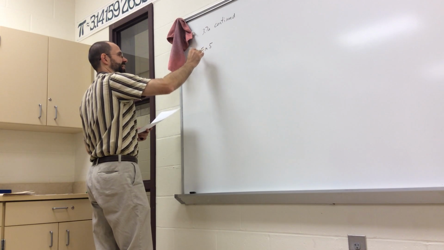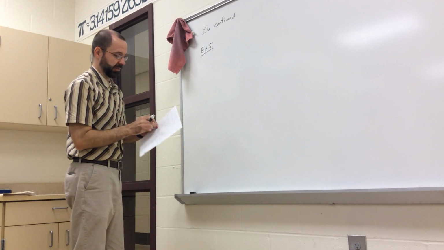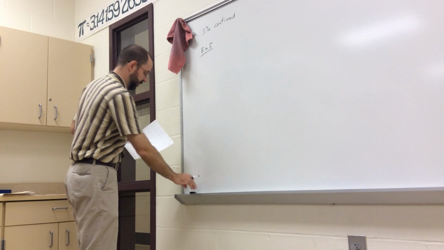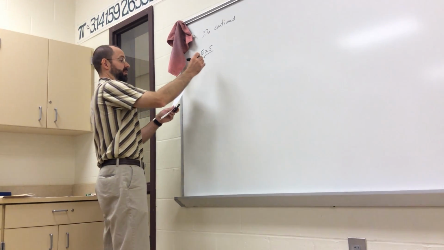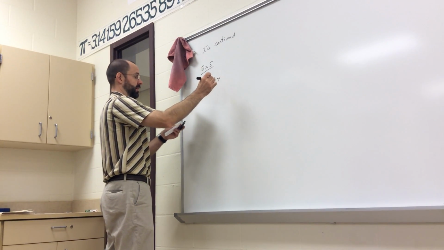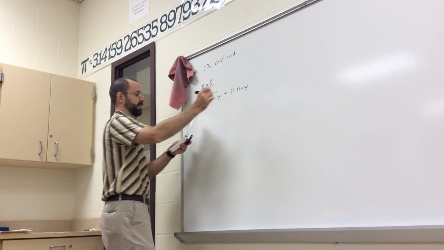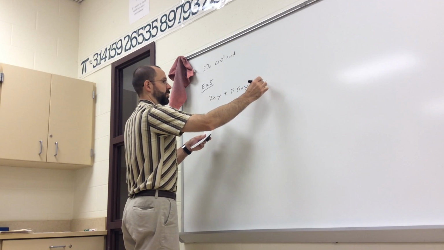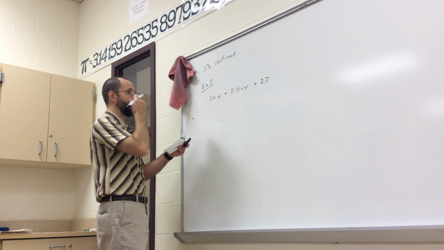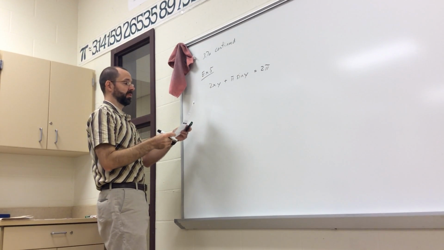Okay. So for number 5, what we've got is 2xy plus pi times the sine of y equals 2 pi. So there's the equation.